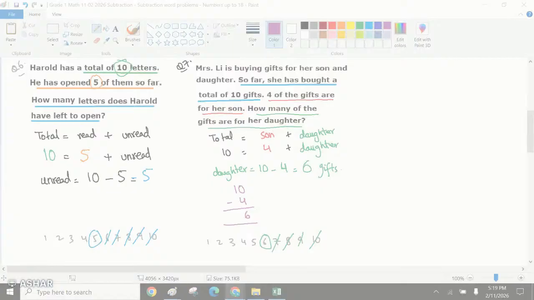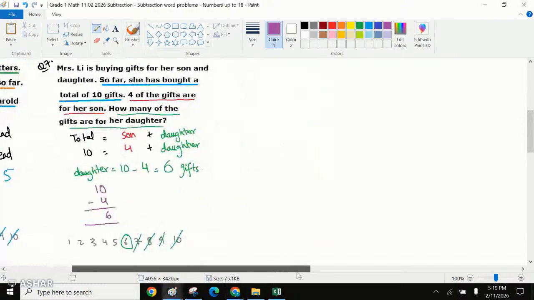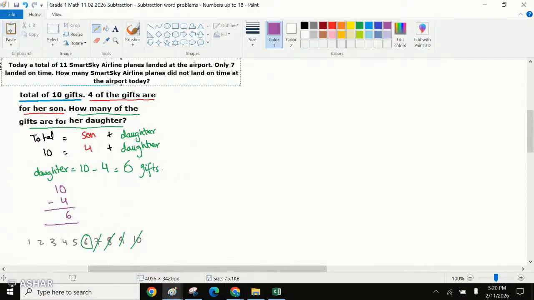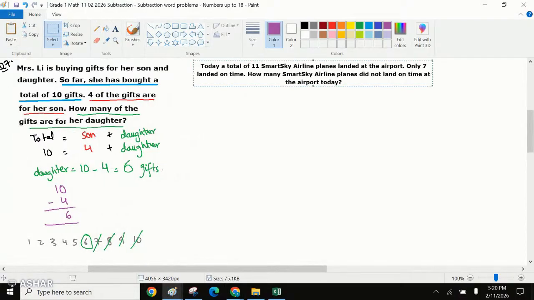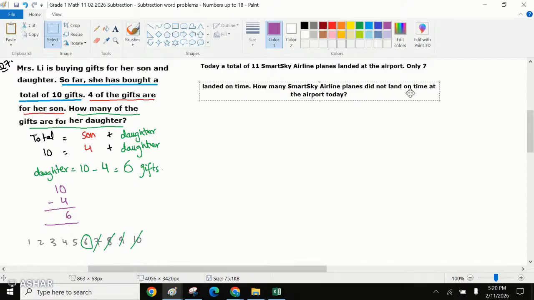Let's start off with the next question. Today, a total of 11 airplanes landed at an airport. Just a moment, please. 11 airplanes landed.